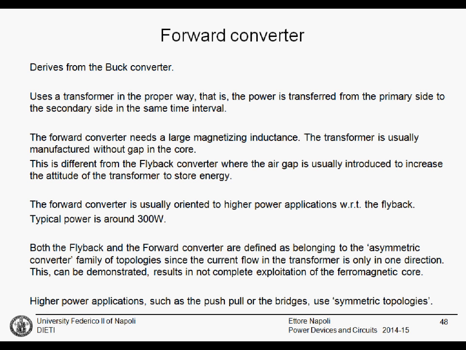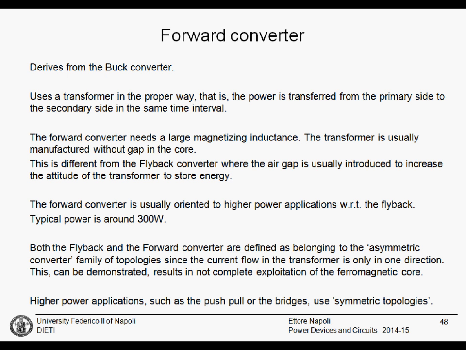Also in this case, this is different from the flyback converter, where a large magnetizing inductance is not so much needed because we want to store energy in the transformer before giving this energy back to the load.